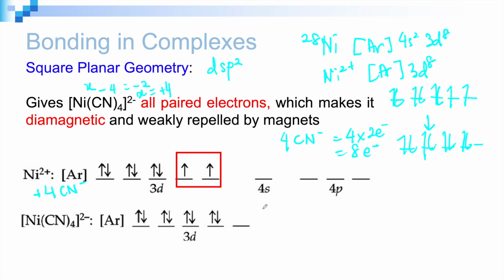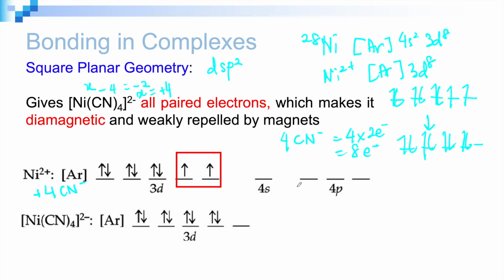And then after that you have 4s and also 4p, and you need to fill up these electrons. Okay, start from the d orbital because we have one empty d orbital. You cannot have one electron in order for you to fill up, so you need to have an empty d orbital for you to fill up the electrons from the ligand.